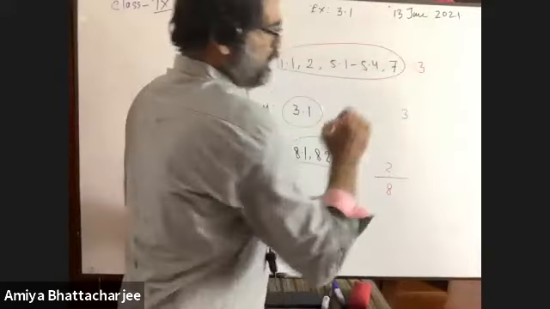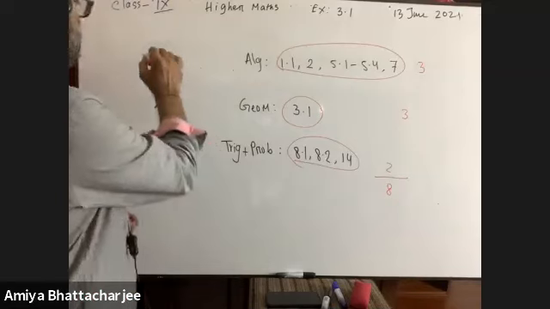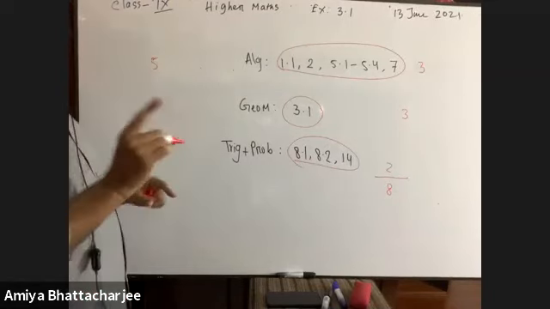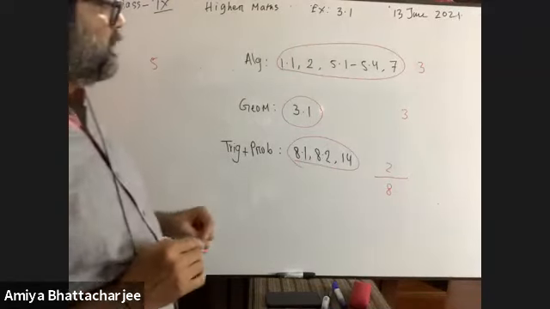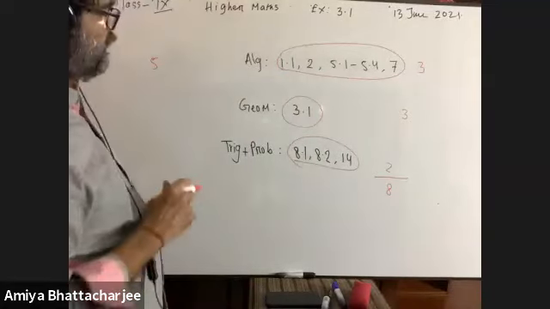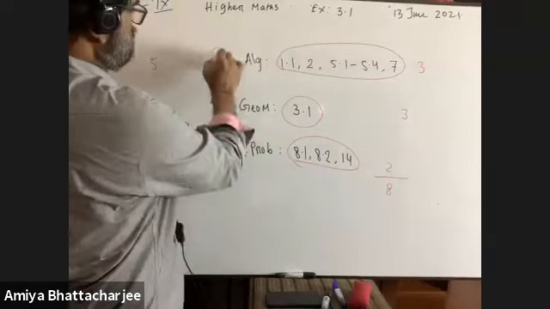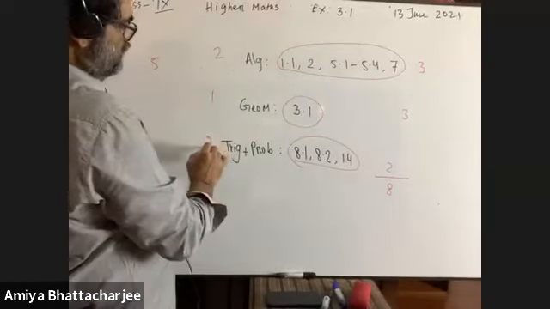Out of these 8 questions, you have to answer 5 questions, taking at least 1 question from every group. Suppose you can answer 1 question from here, 2 questions from here, and 2 questions from here.